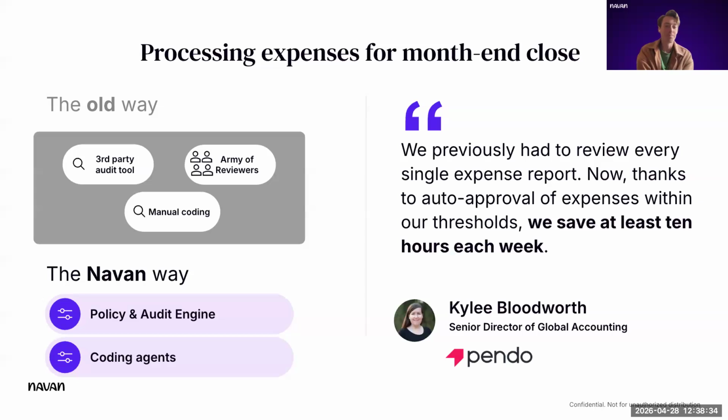So just to level set a little bit on the next things we'll talk about here, I think for finance and accounting teams, a lot of times people don't get into finance and accounting in order to do all of this kind of menial work that has to happen. There's a lot of other reasons why you get into finance and accounting in the first place.